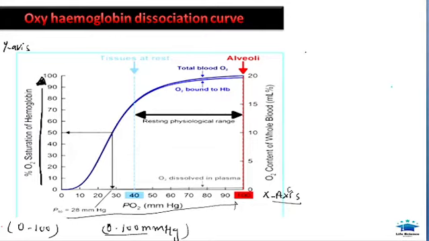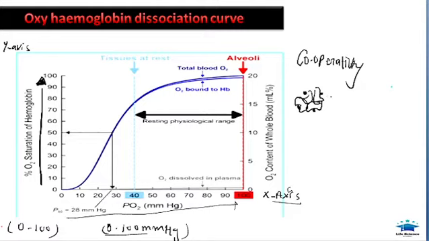Now, what is cooperativity? Let's understand this. There are 4 heme groups in hemoglobin. This is the heme group of hemoglobin. This is the site where the oxygen molecule can bind with the hemoglobin.